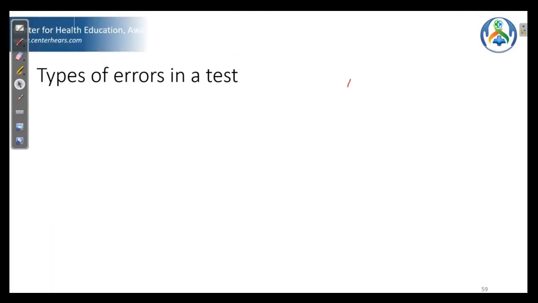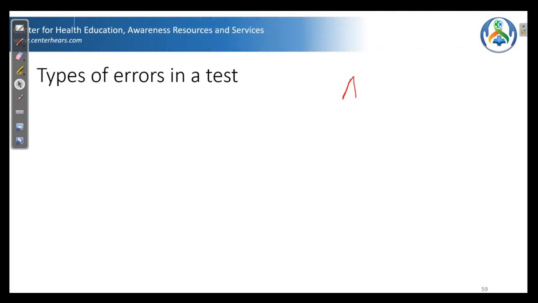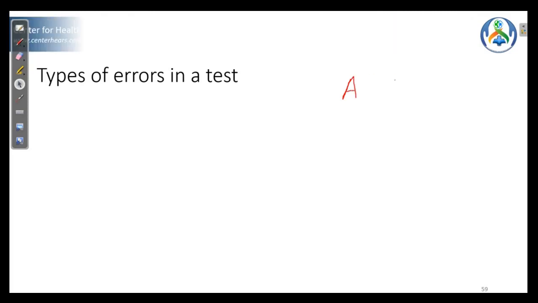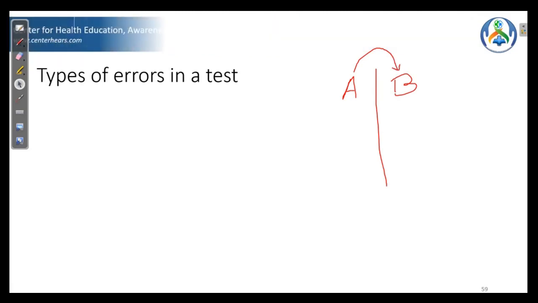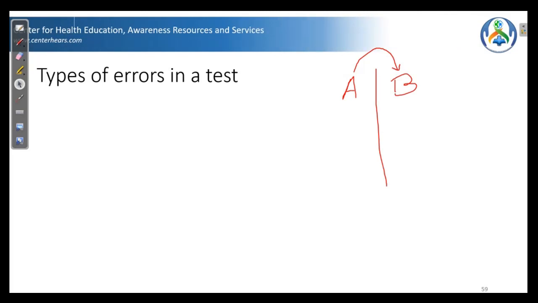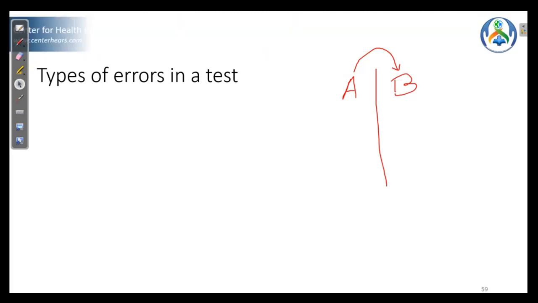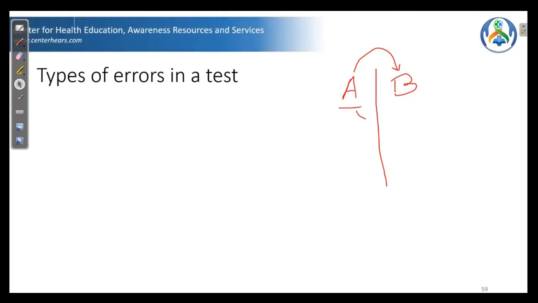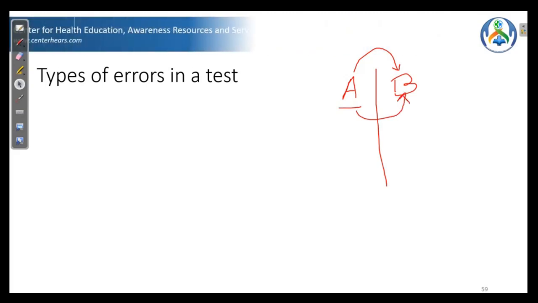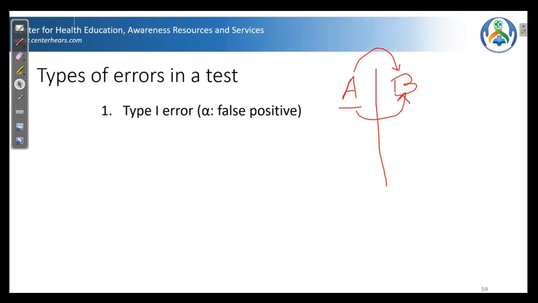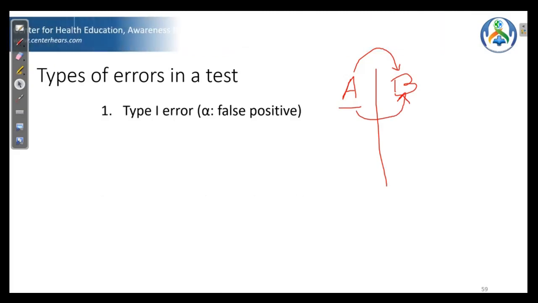We have two variables, for example variable A and variable B. A is not dependent on B, but our test is saying that A is dependent on B, or there can be a chance that A is dependent on B, but our test is saying that A is not dependent on B. So that is type 1 error, that is false positive.